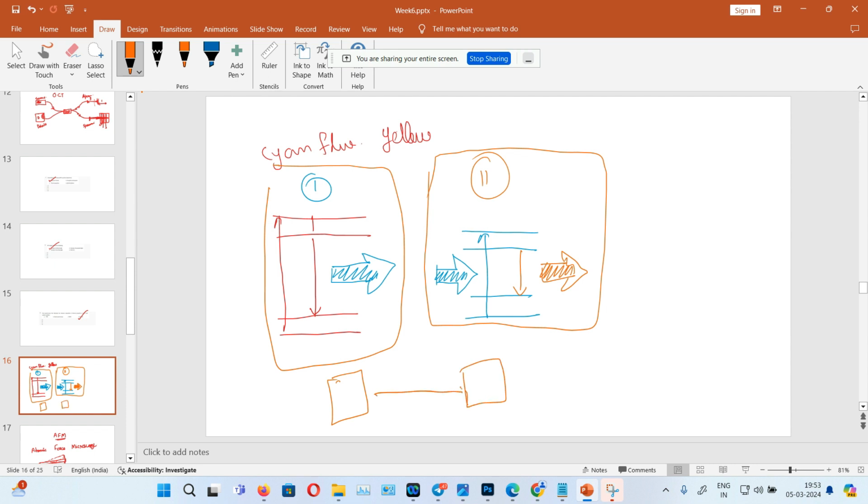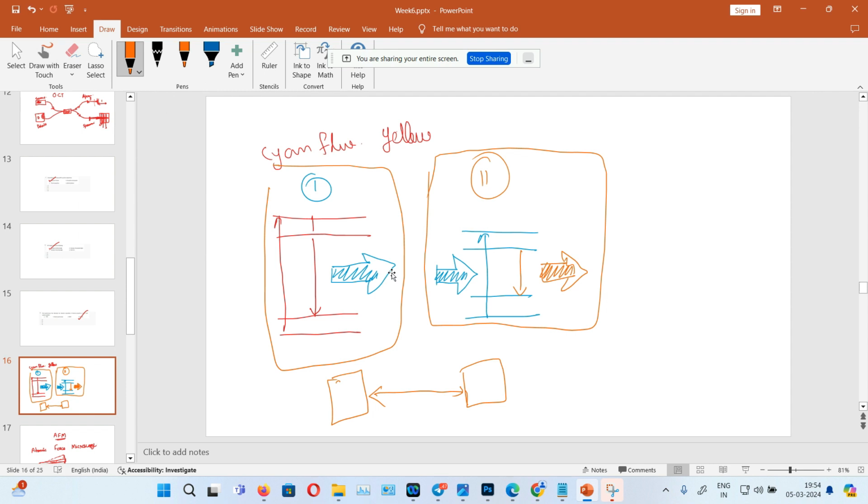And actually the distance matters very much. If the two proteins are very near, what will happen? The light emitted by this cyan fluorescent protein will be near the excitation wavelength of your yellow fluorescent protein.